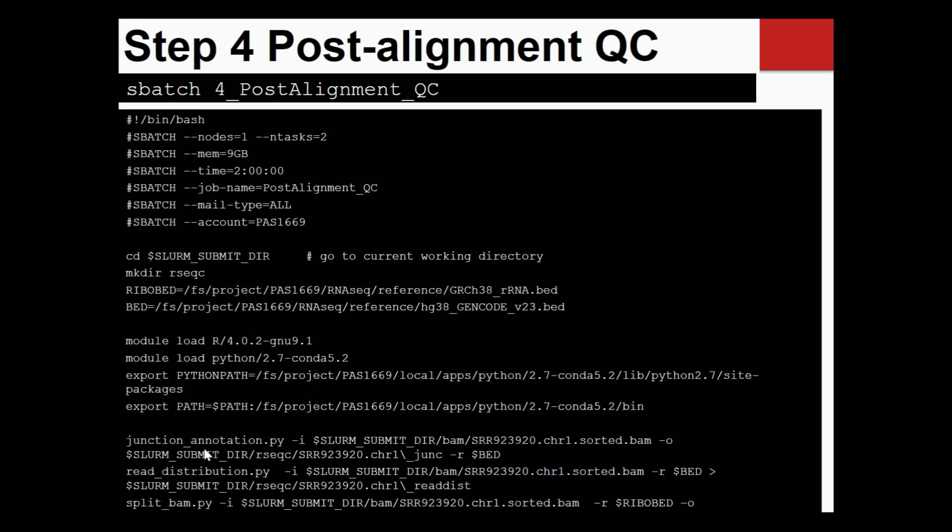The first one is junction annotation. It will tell you how many junction reads there are, and out of them, how many are novel junctions, how many are known junctions. The second one is read distribution. The third one is split BAM, and this tells you the ribosomal RNA contamination.